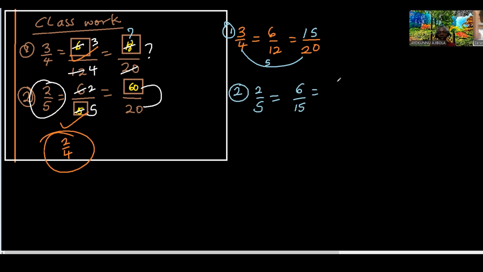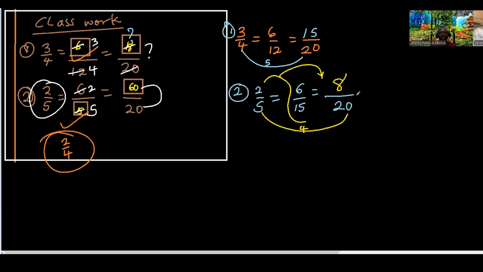But the third one, something over 20, okay? 5 times what gives me 20? 5 times 4. Good. So what is 4 times 2? 4 times 2 is what? 8.